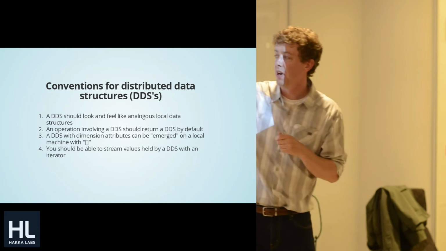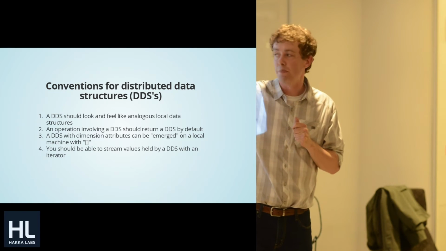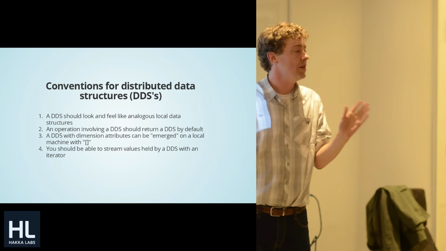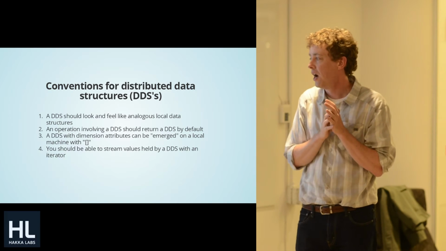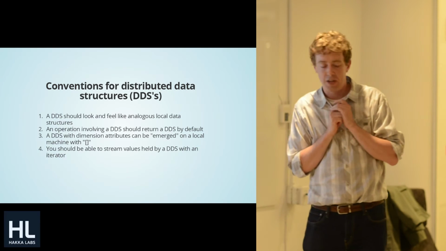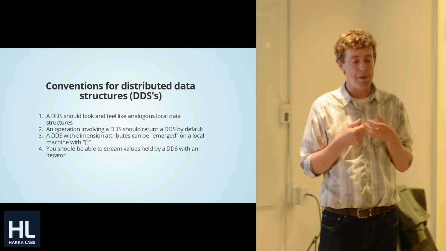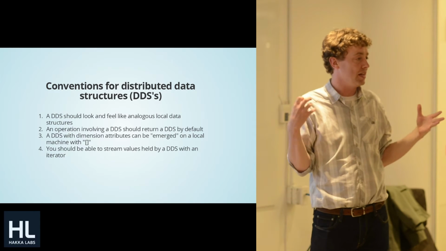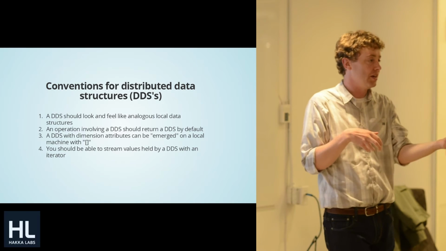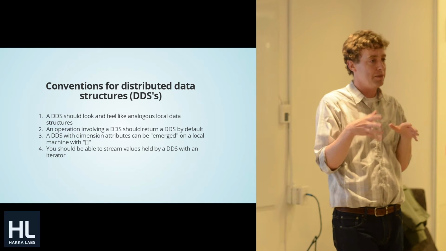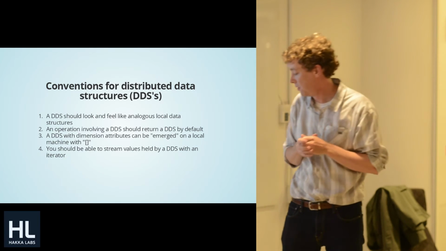So we're not really imposing a new condition on how we manipulate distributed data structures. The other thing is, you should always be able to bring the data back, but the data may be really big. You should be able to create an iterator to iterate through different chunks of the data and handle it piecewise if you need to.